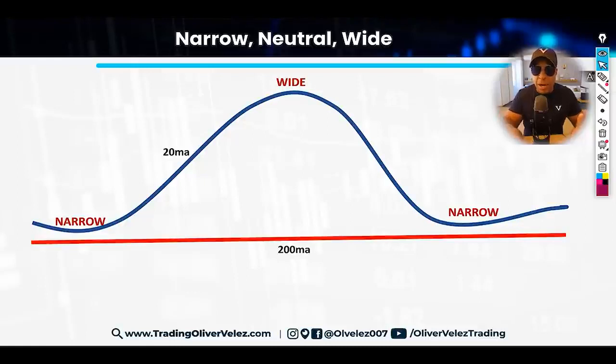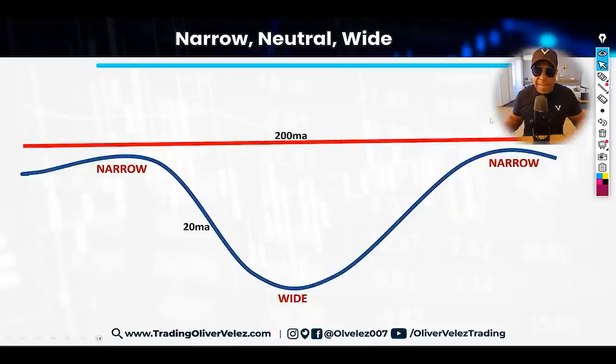This is the picture of the cycle up. Here's the picture of the cycle down. Where you have the 20 and the 200 on the left-hand side relatively flat, close together, and the market drops down from narrow to wide, wide back to narrow.